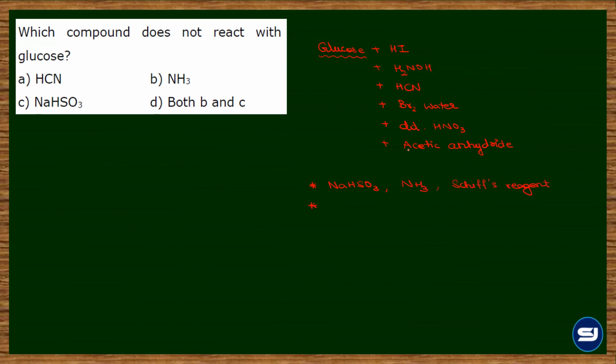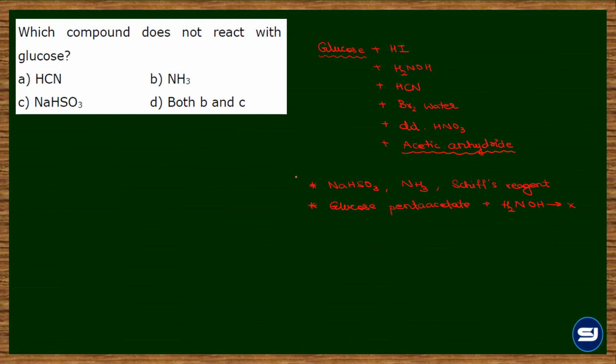Also, the glucose pentaacetate, which is the product with acetic anhydride, was not able to react with hydroxylamine. The glucose pentaacetate does have the aldehydic group, so it should have a reaction with H2NOH, but it did not react with H2NOH.